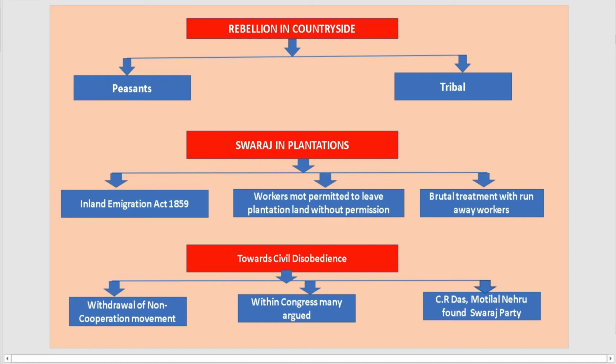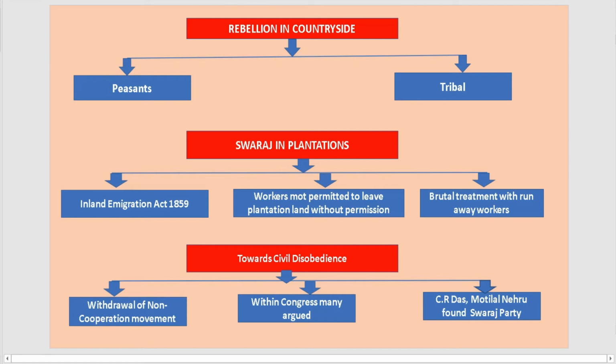Next, move to Swaraj in plantation. First of all, this is related to Assam, because in Assam the Britishers introduced plantations, growing one single crop, especially tea, on a very large piece of land. Many workers migrated from different villages and started their work in Assam. In Assam, one act was passed, known as the Inland Emigration Act 1859.